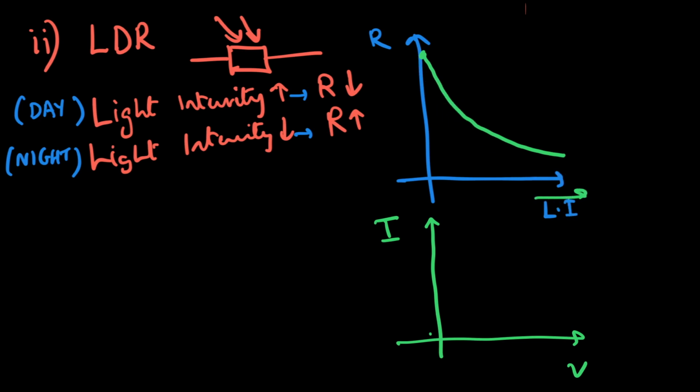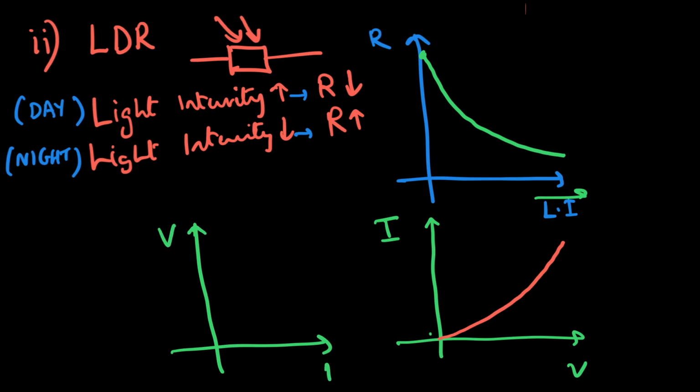So if the resistance is falling, the current is bound to increase, and therefore the curve would look like this. So for an LDR, this is the IV curve. If you reverse the axes, which means V is over here and I is over here, remember that the current graph will look like this.